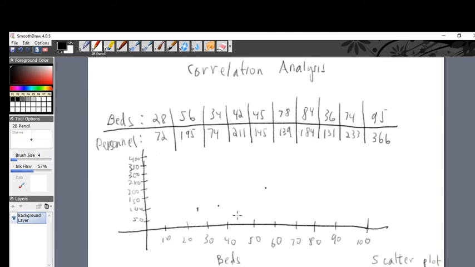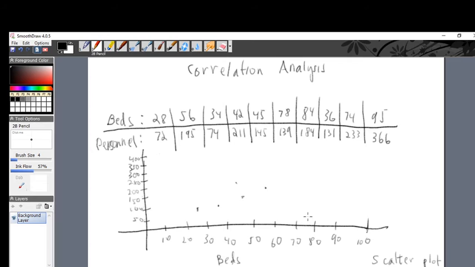42 is around here, but 211 pops up over here. 45 is just a little further down the line, and it's 145, so it's about here. Again, I want to go back there and make it a little darker. I don't want it too light. So that was 145. Now 78 is next. 78 and 139.